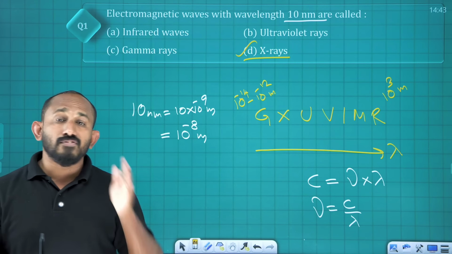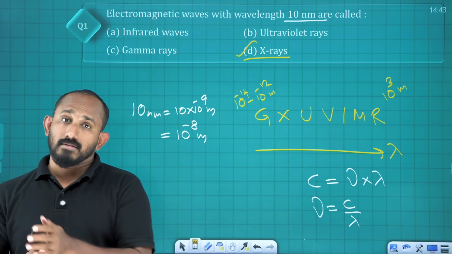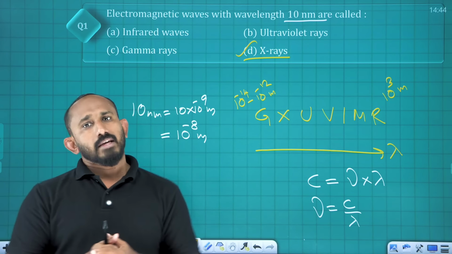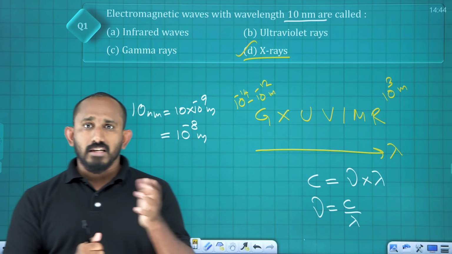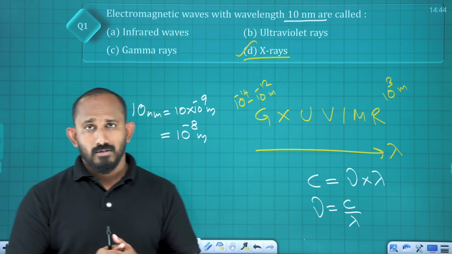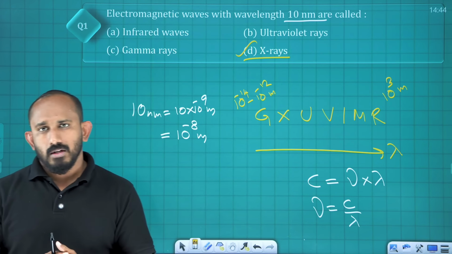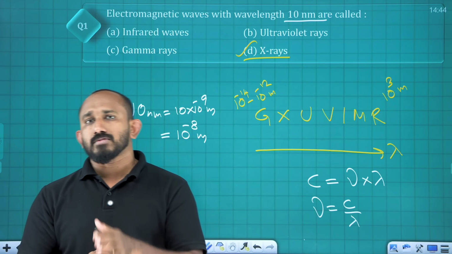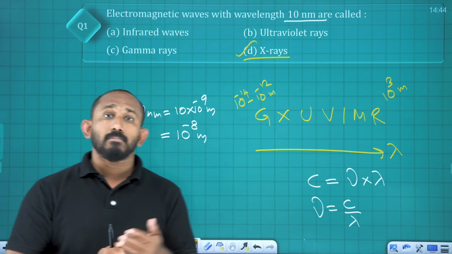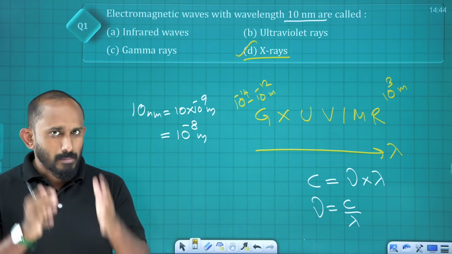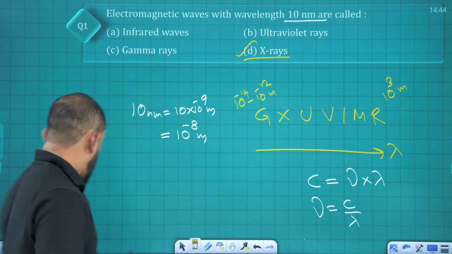Then from there onwards, infrared goes till 10 raised to minus 3 meters, that is 1 millimeter. Then in the centimeter range, it is microwave till 10 centimeters. After that, above all it comes under radio waves, up to 10 raised to 3 meters. So keep in mind, let's go for the next question.